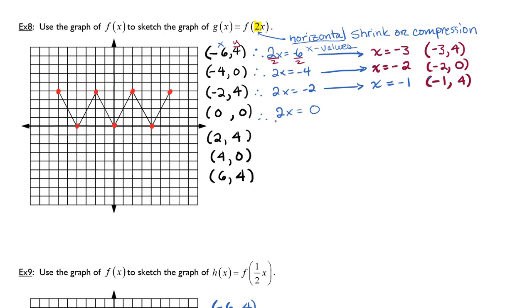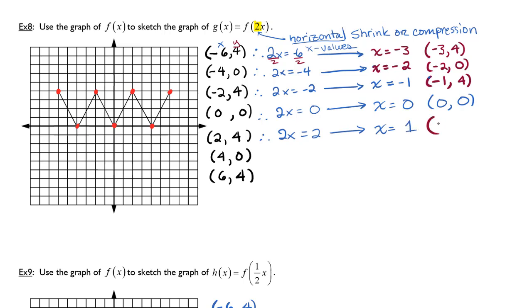If you divide both sides of this equation, 2x equals 0, we still get x equals 0. So at 0, you don't get any movement horizontally. We have 2x equals 2, which gives us a solution of x equals 1.